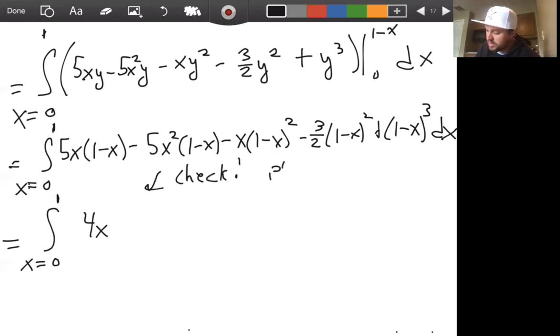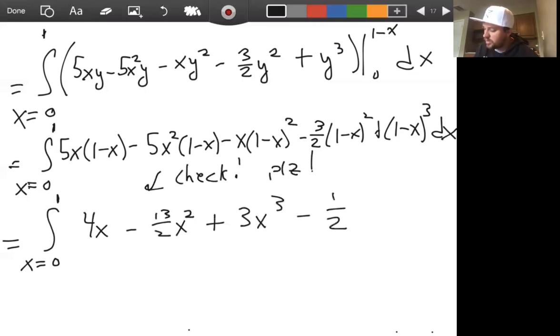Please. Is that I get 4x minus 13 halves x squared plus 3x cubed minus 1/2 dx. Okay. So again, please check me on the algebra. Double check that this is correct.